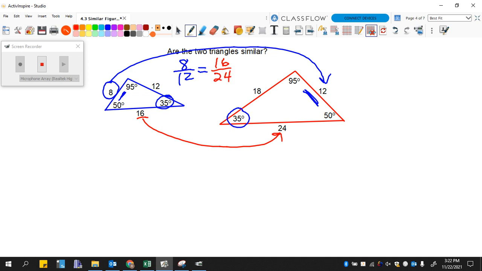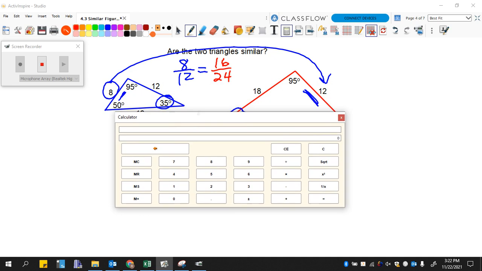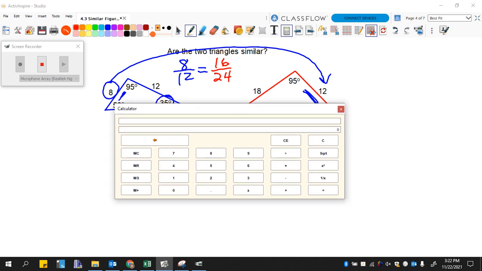When I cross multiply, 8 times 24, I end up with 192, and 12 times 16, I also end up with 192.